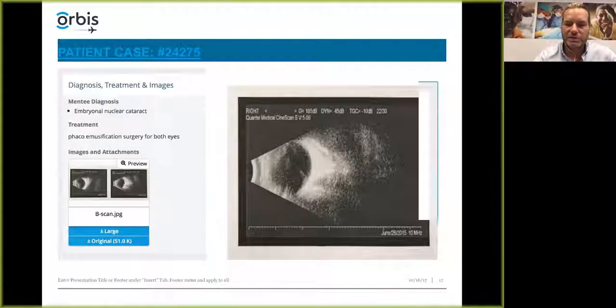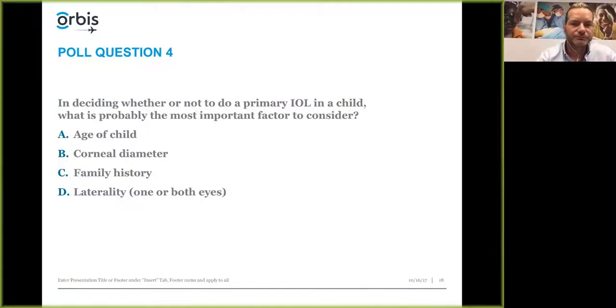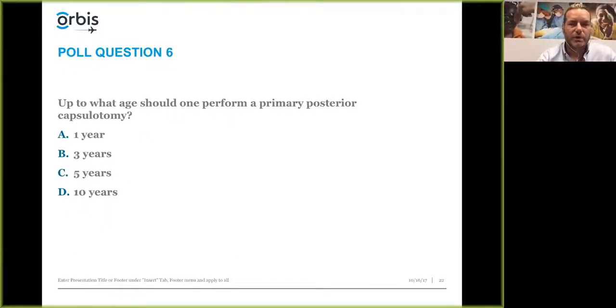All right, so let's continue on. All right, and so our final poll question related to this case, if we're going to perform surgery in an infant or young children in general, let's just make this a little more broad spectrum.